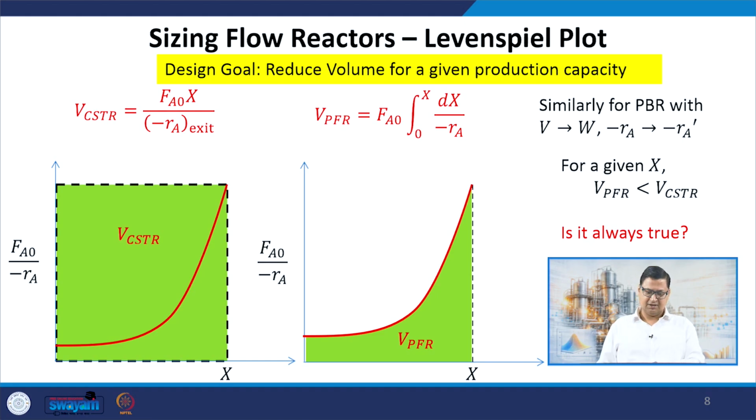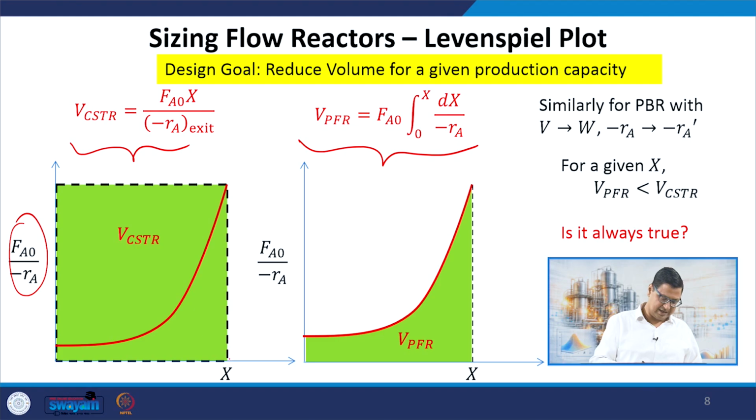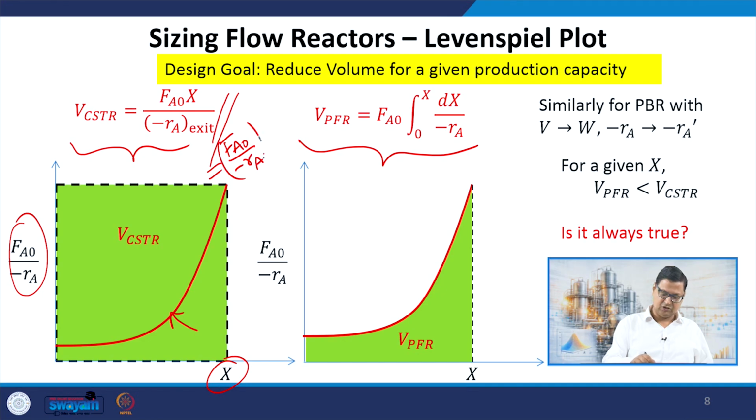Now, you can look at the design equations we have derived for a CSTR and PFR, and what you will notice is if I do a plot of Fa naught by minus Ra versus x, and let us say the plot looks like this red line here, then the volume of CSTR you can see is given by this algebraic equation that can be written as Fa naught by minus Ra into x.